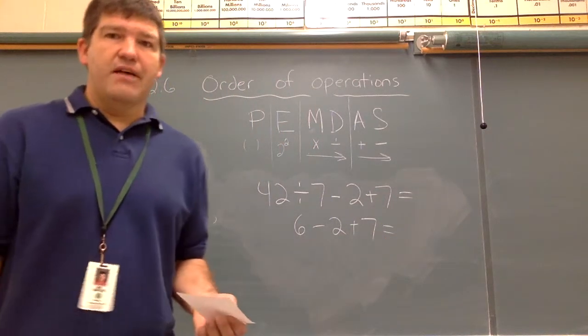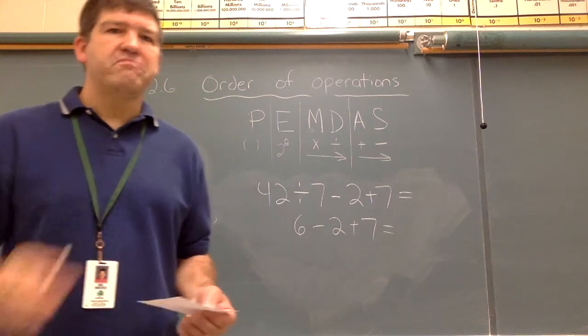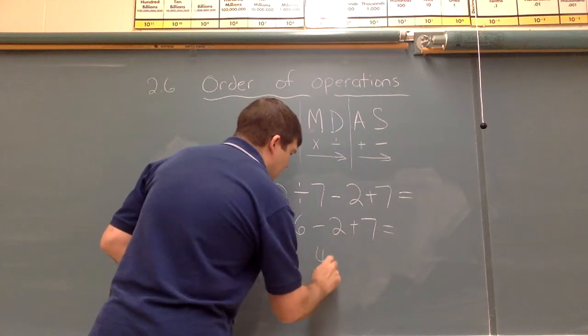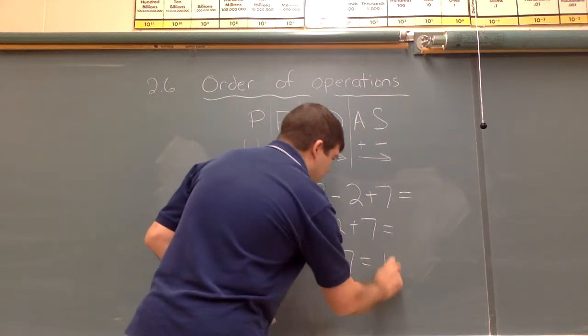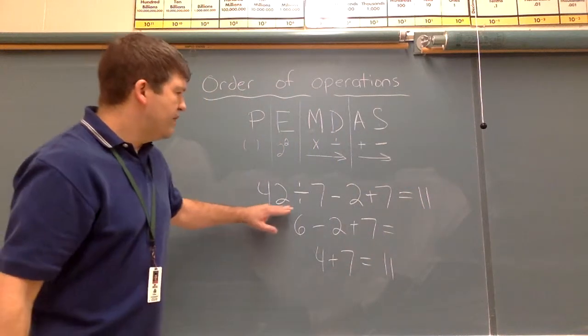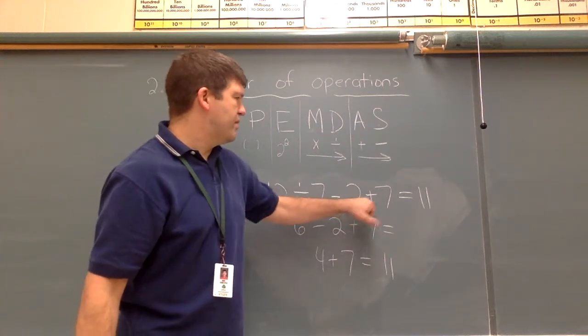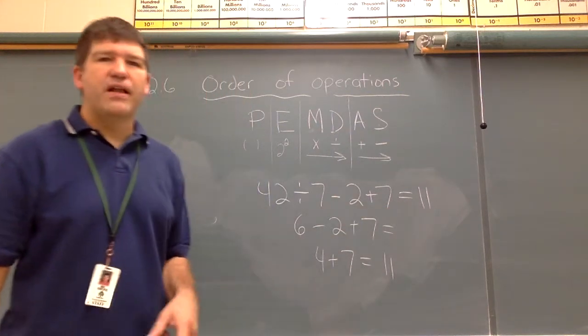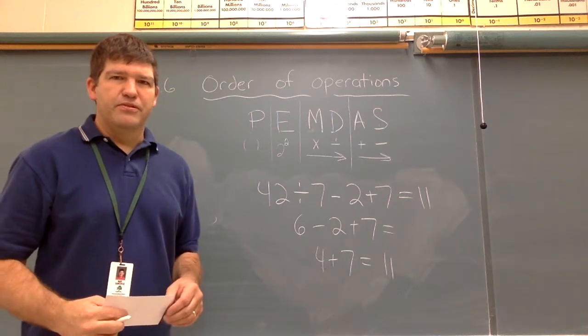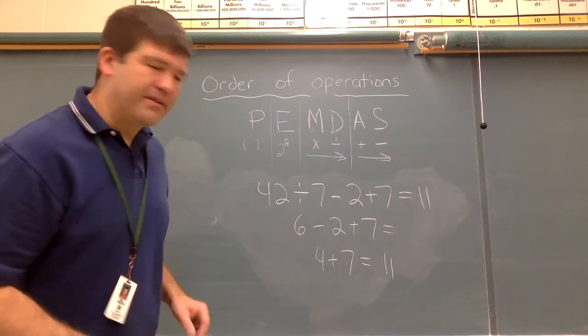Now, it's just down to addition and subtraction. I can go left to right, and we'll do it. 6 minus 2, 4 plus 7 equals 11. So, 42 divided by 7 minus 2 plus 7 equals 11, following the correct order of operations. Please excuse my dear Aunt Sally.